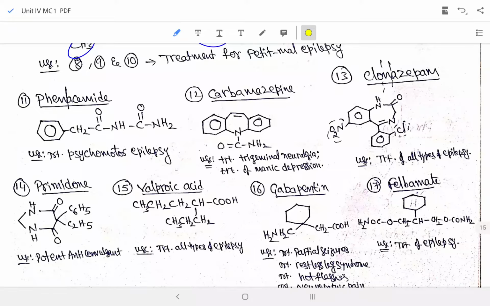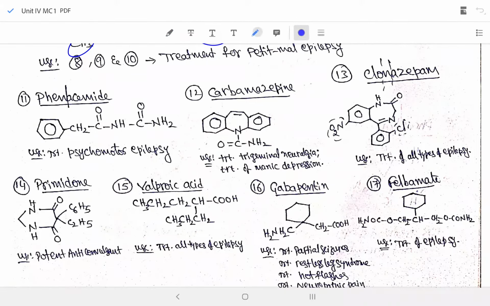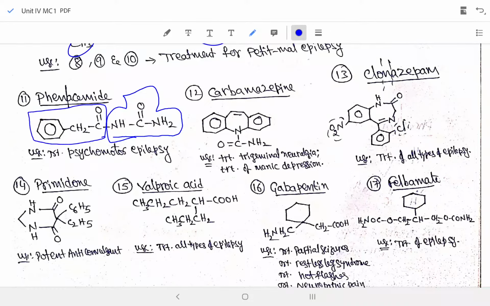Next comes phenacemide and carbamazepine. Both are examples coming under the category of ureas and monoacyl ureas. Here, if you observe, this is the urea part, NH2, CO, NH2. Here, one of the hydrogens of this NH2 is replaced with this group. So, what is this group?